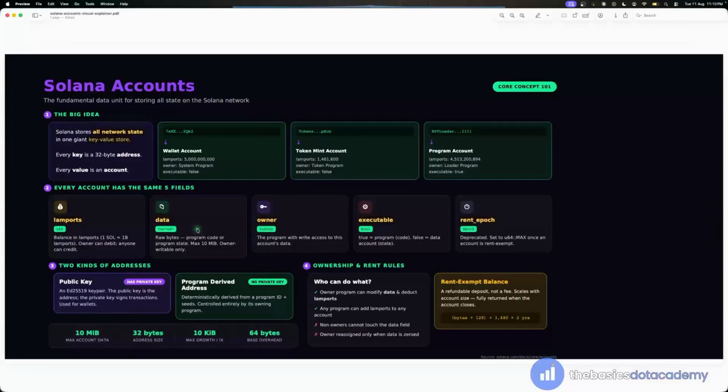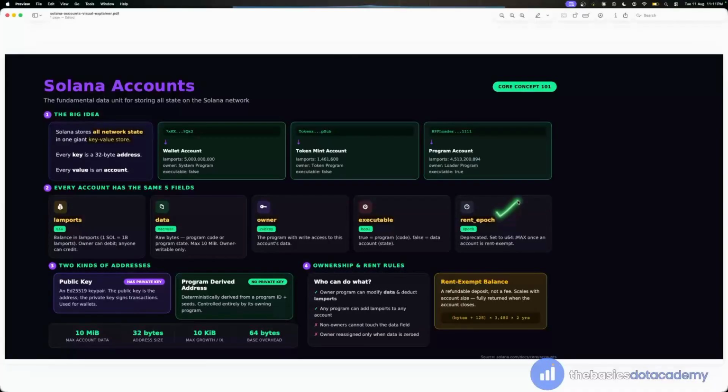Its size can be at max 10 megabytes, and only the owner can write or update the data. Then we have the owner, which indicates the owner of the account. Fourthly, we have the executable field. If executable is set to true, it indicates it is a program that contains code. If executable is set to false, it indicates it is a data account which stores the state of the program. At last, we have rent epoch.